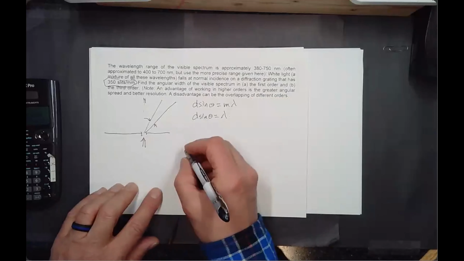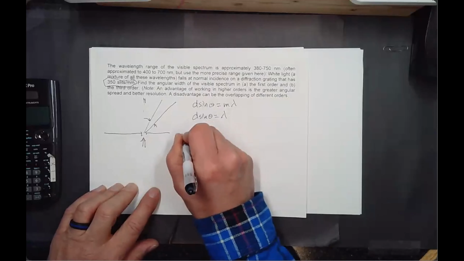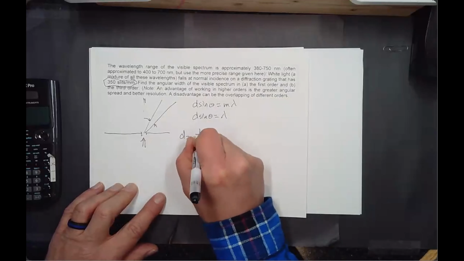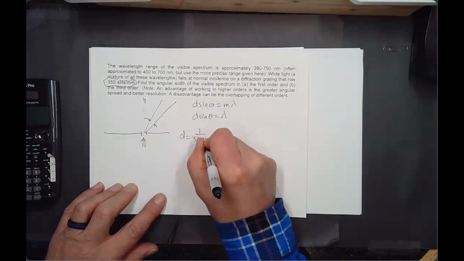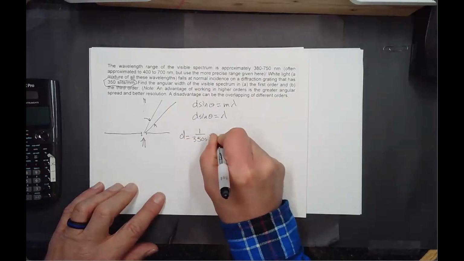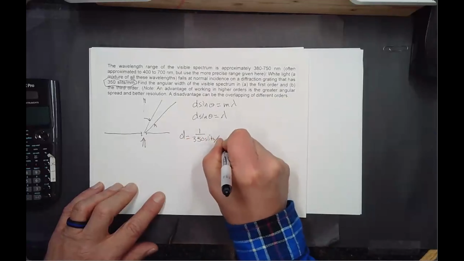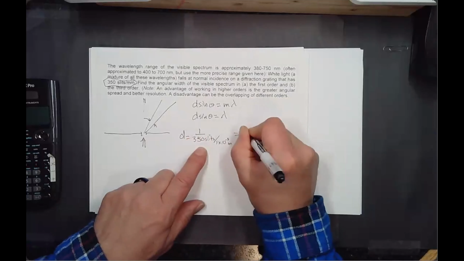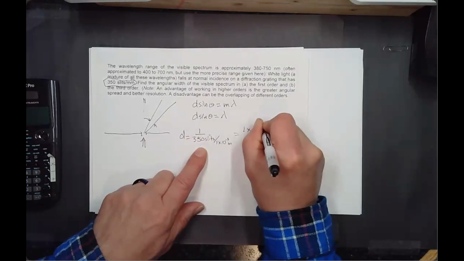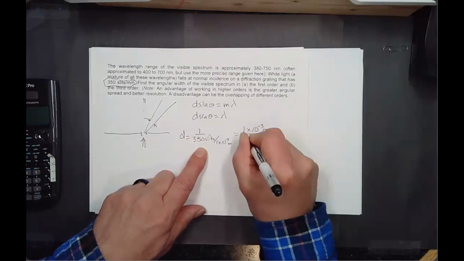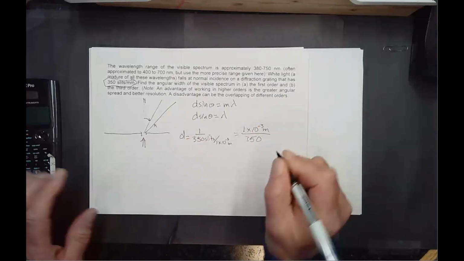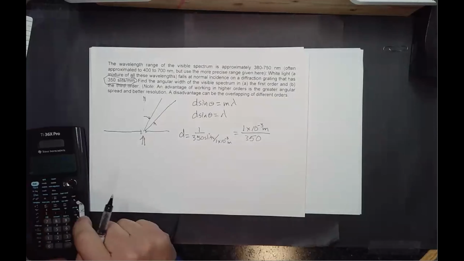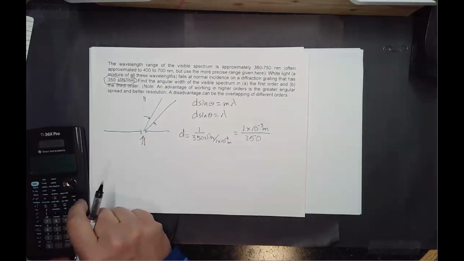And so d ends up being 1 times 10 to the minus third meters divided by 350.